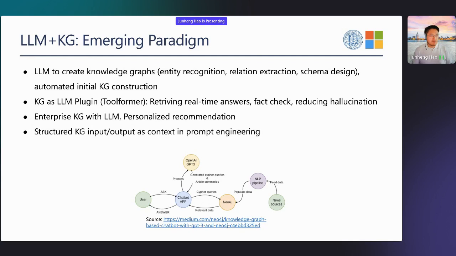It also connects to enterprise knowledge graphs such as Employee Central about project organization, etc., to help with personalized recommendation. And the last one I would point out is whether structured knowledge graph input and output can be put inside a prompt for the large language model to further improve accuracy, factuality, and coherence in many downstream tasks. I think that's the end of that. That concludes my talk, and I'm happy to take questions.